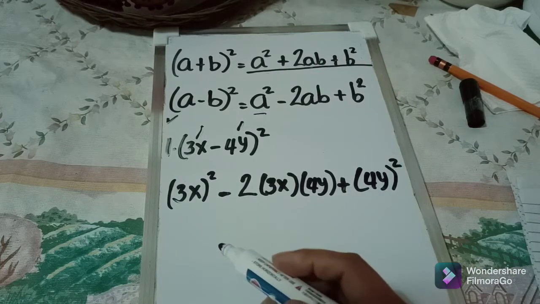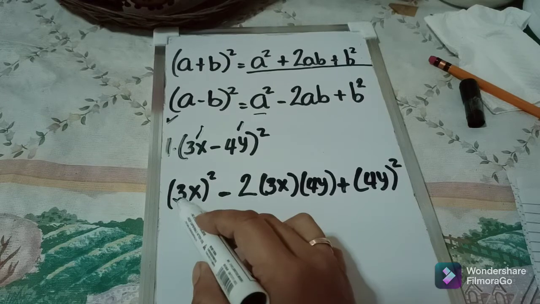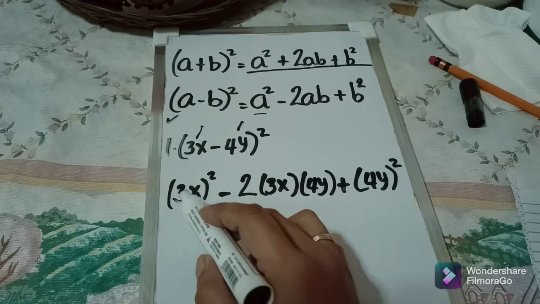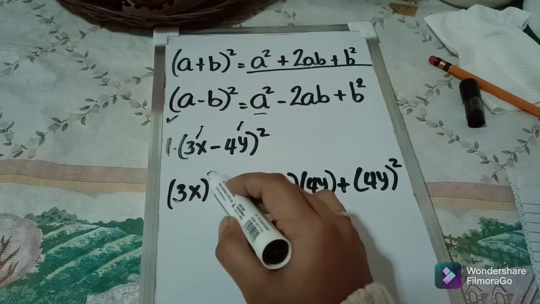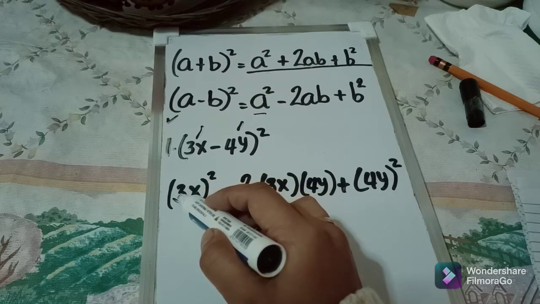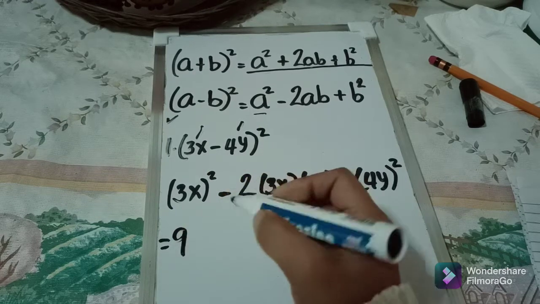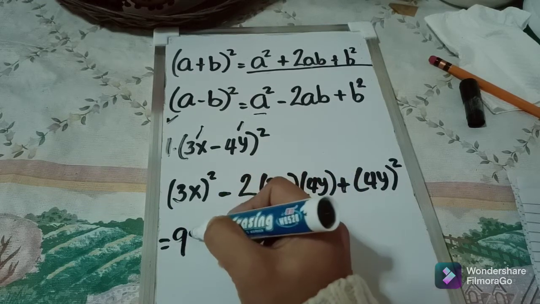Squaring means the number or variable multiplies by itself. It's not 3 times 2, it's 3 times 3, which is 9, and then x squared.